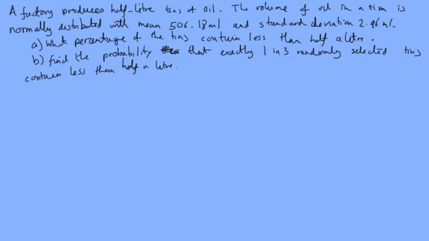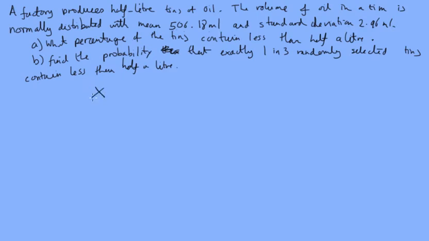Okay, so this is a question about errors. Obviously, if you're filling up tins, it's impossible to be exact. There's going to be variations between them, and so although they're producing half-litre tins, some will be just a wee bit more than half a litre, some will be just a wee bit less, and in this factory, the mean volume of oil in a tin is just over the half litre, 506.18.